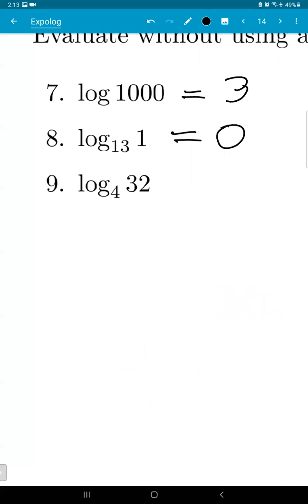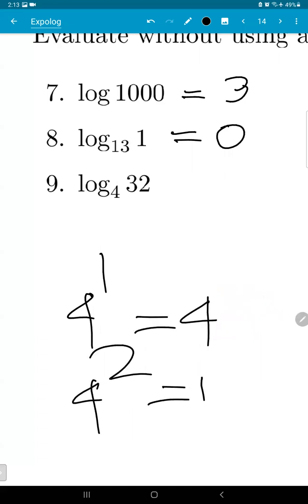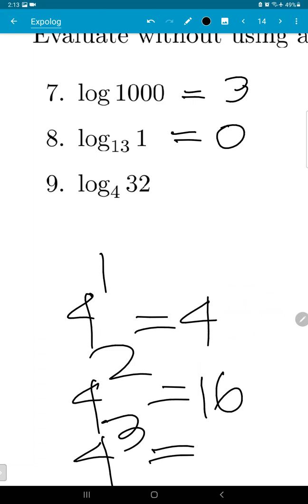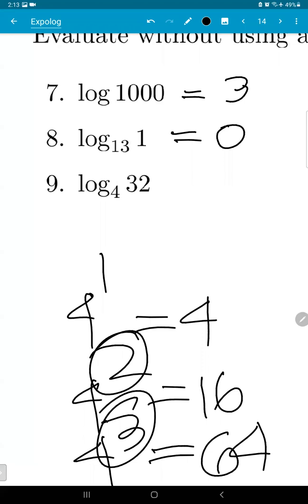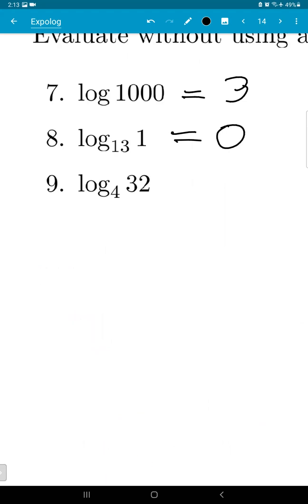There's no exact whole number to which you could raise 4 to get 32, right? 4 to the 1 is 4, 4 squared is 16. Once you try another power, you get more than 32, so it's in between 2 and 3. In fact, it's 2.5.